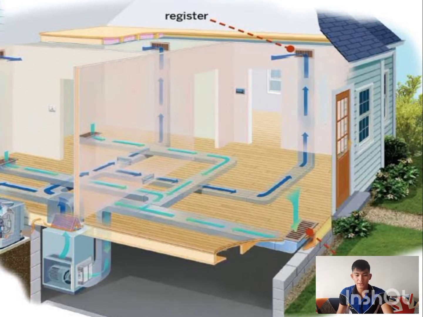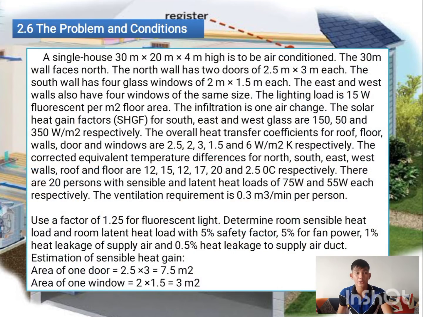So now let's proceed to the problem and condition. So ni siya ang problem and condition sa atong house. So nakita na nato ang pila ang area niya, pila ang area sa walls, windows, and other various sources. And the estimation of sensible heat gain.